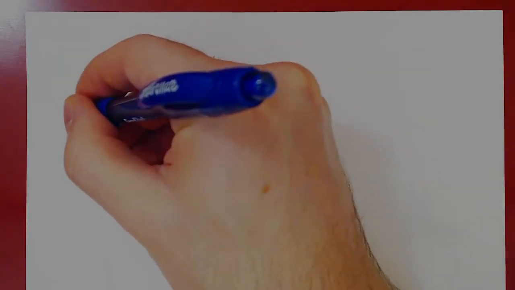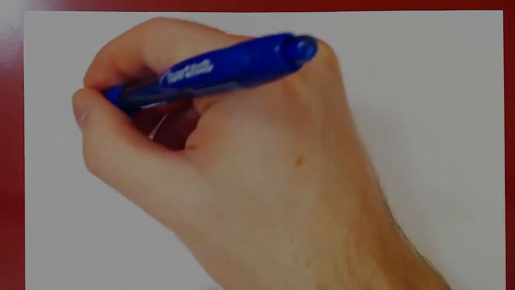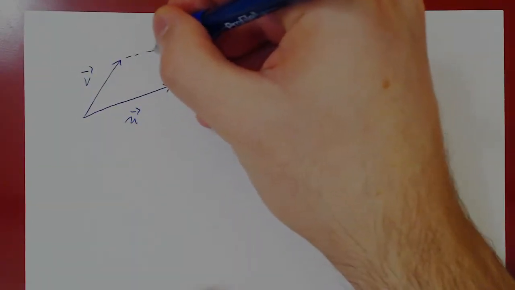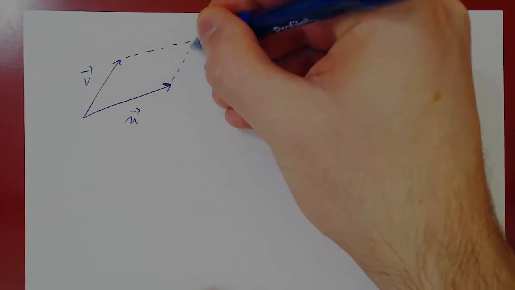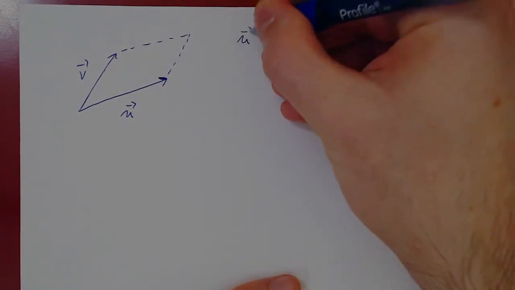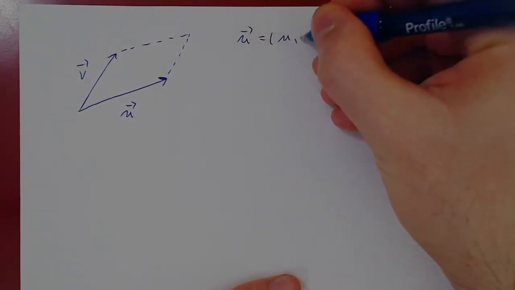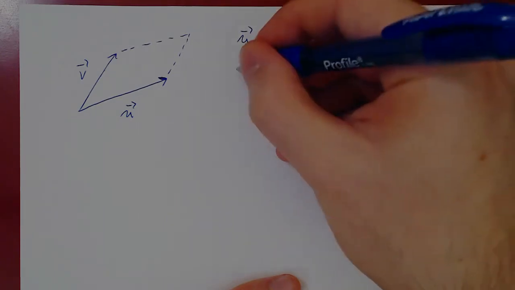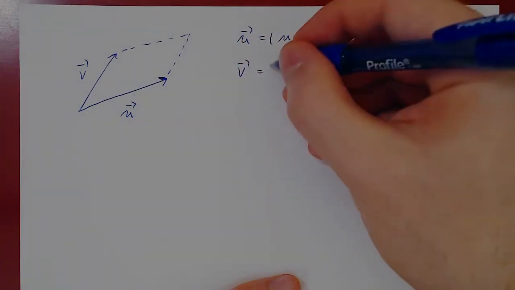So, same picture, a parallelogram spanned by vectors u and v. But now assuming that the vectors only have two components. So vector u is given by u1, u2. Vector v given by v1, v2.